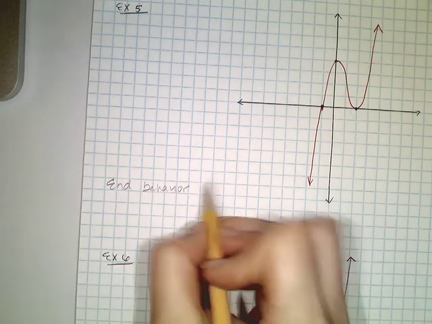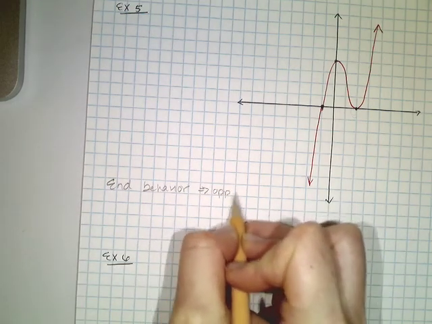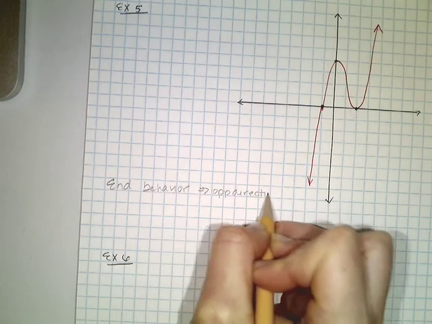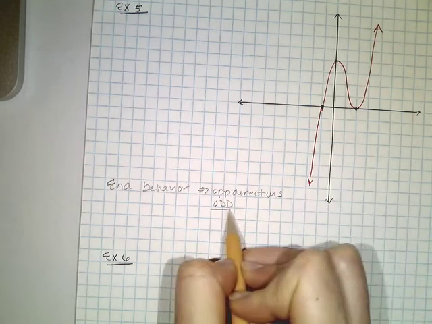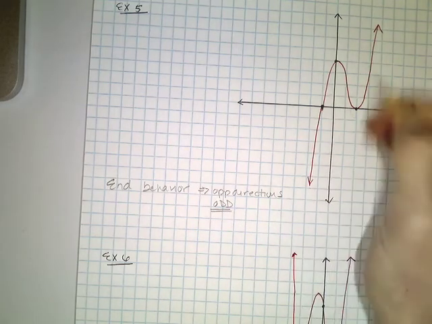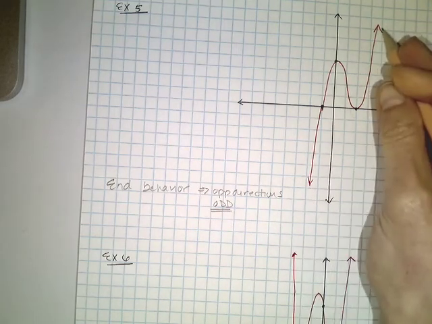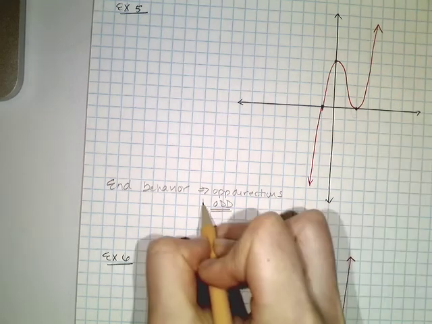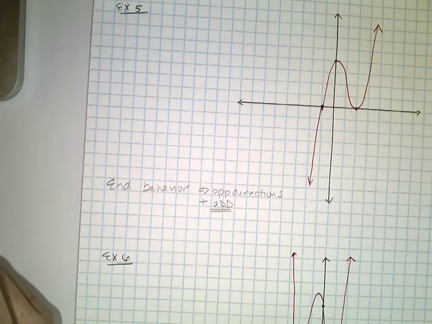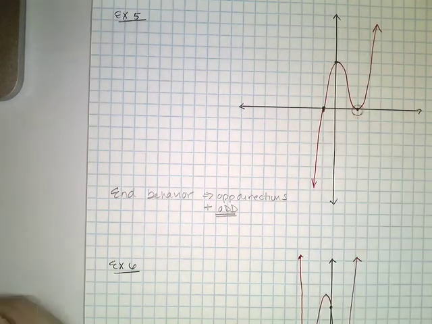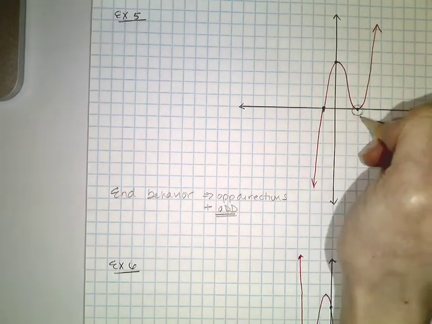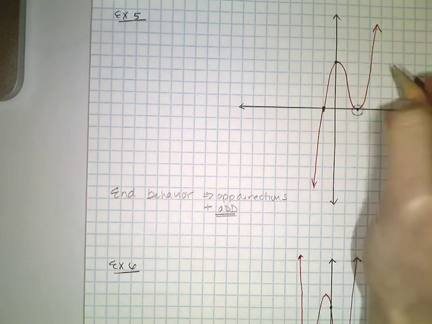The end behavior is that it is in opposite directions, so it's odd. It starts at negative infinity and goes to positive infinity, which means it's also a positive odd function, meaning that the coefficient out front is positive. It also has, I still keep jumping ahead, I'm sorry, turning points.